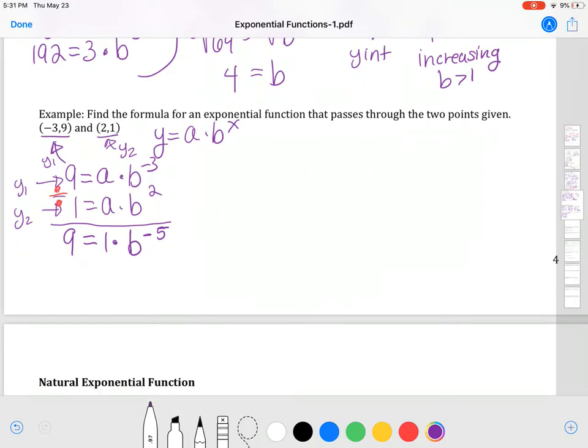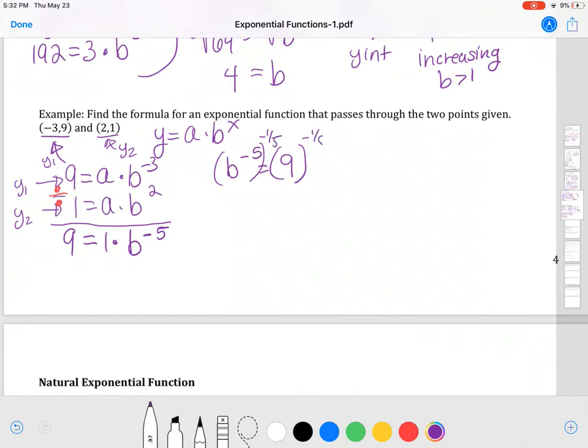So if I have b to the -3 over b squared, I take -3 and subtract 2, and I would get b to the -5. So now I have this equation: b to the negative 5 is equal to 9, and I can go ahead and solve for b now. So I would raise both sides of the equation to the negative 1/5.